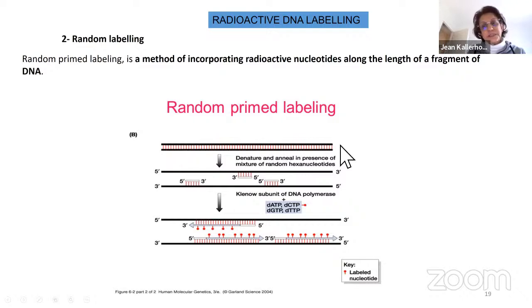As usual, we start from the double-stranded DNA. We separate by heating. This means you denature the DNA, right? And then you include random priming. This means small pieces of nucleic acids that are random.